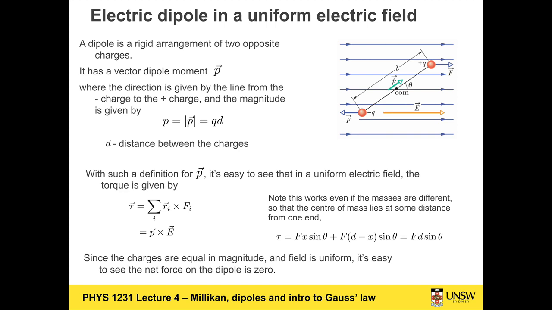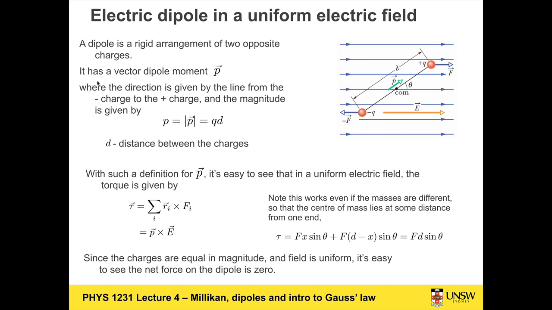Okay, we also discussed electric dipoles, and we said, well, we'll have a really simple model of a charged dipole. For the simple model, a dipole is just a rigid arrangement of two opposite charges, like drawn here. We imagine we have a charge minus q and a charge plus q, and they're connected by some rigid rod that keeps them precisely at this distance d.